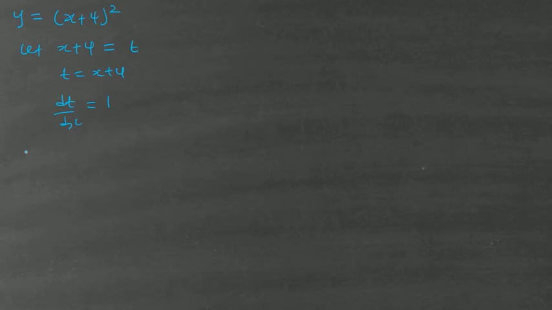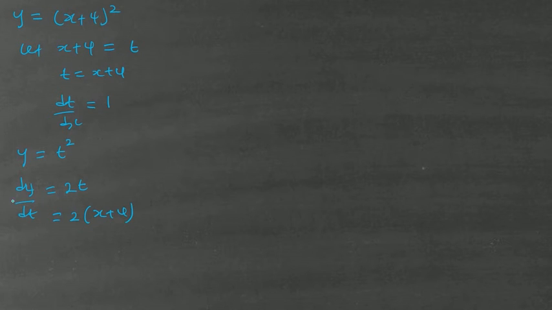Okay, now it means our y has become t squared. So when you differentiate to get dy/dt, this will be 2t. What is t? We let it be x plus 4.